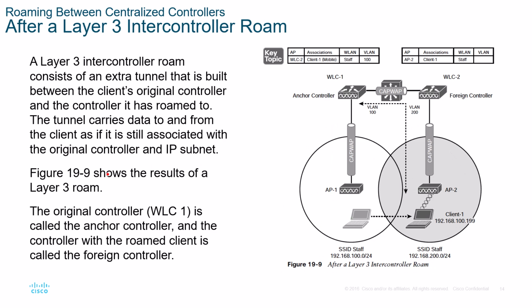This is what's really interesting: client 1 keeps its IP address, and the CAPWAP tunnels through the LAN and actually allows us the tunnel between the controller, in this example controller 2, back to controller 1.